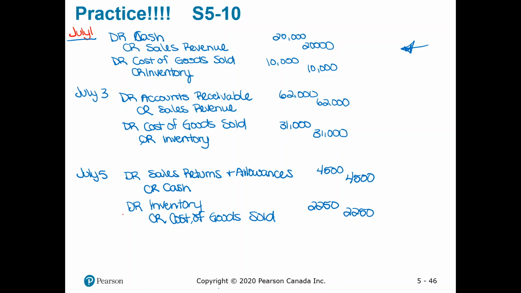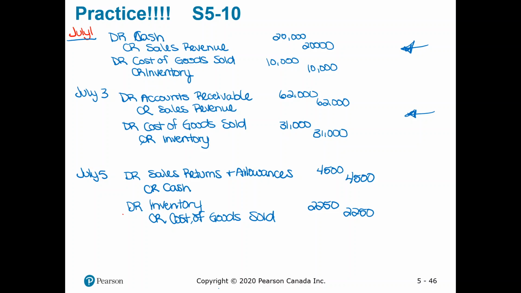Okay, and then lastly, on July 10th, Salem receives payment from a customer on the amount due, less the discount. So that would be this sale that happened on July 3rd. Because it was the sale on account.